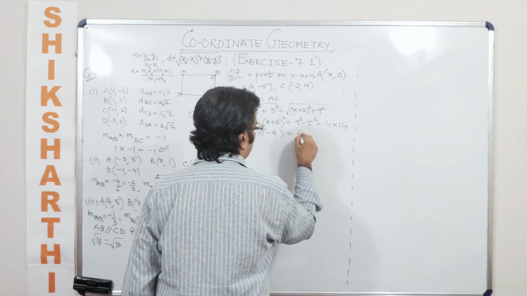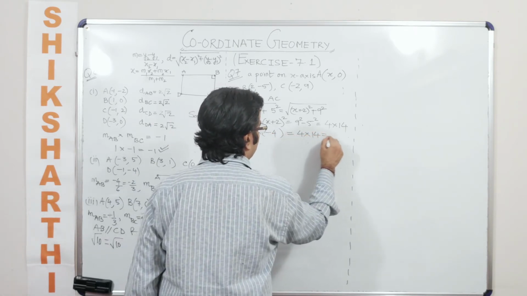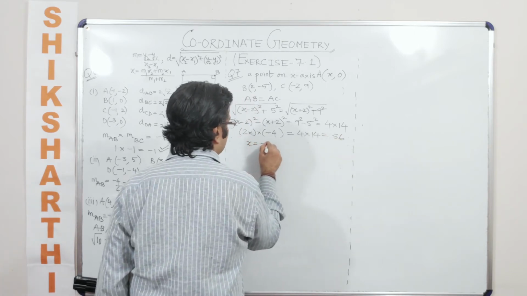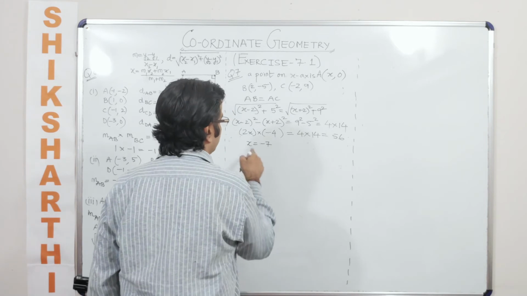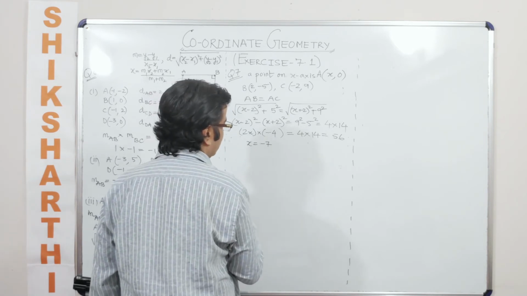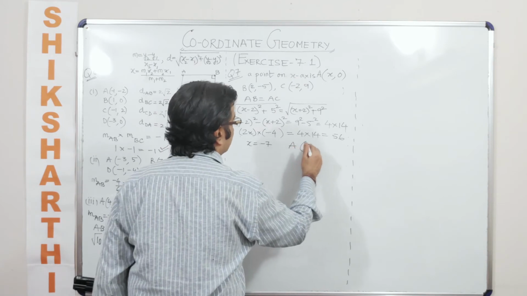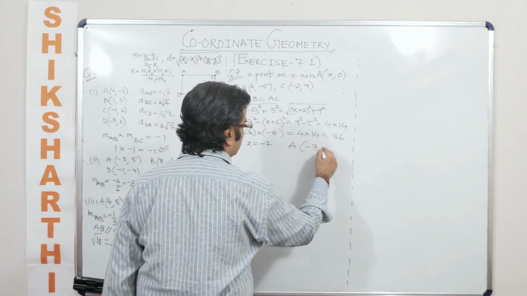This is equal to 4 into 14, which can be written as 56. So from here, when I solve, I'll get the value of x as minus 7. Once you get the value of x as minus 7, I hope it is correct, can you ascertain the coordinates of A? Yes, it is (minus 7, 0).